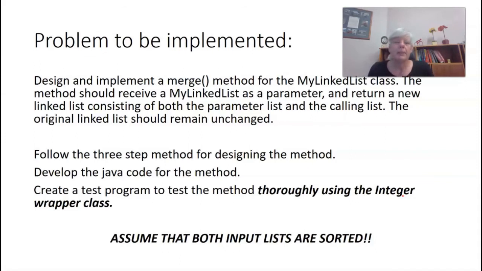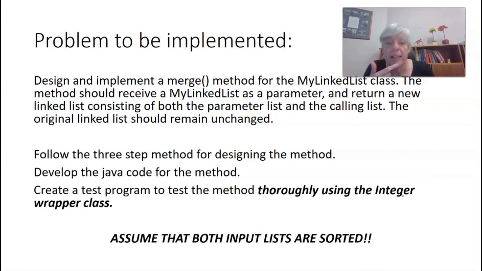Design and implement a merge method for the class MyLinkedList. The method should receive a MyLinkedList as a parameter. So there's the calling list and the one that's received, and return a new linked list consisting of both the parameter list and the calling list.